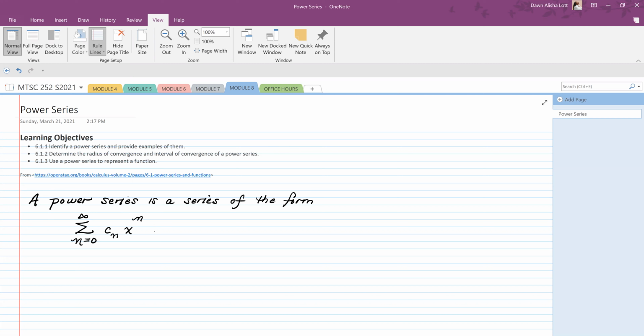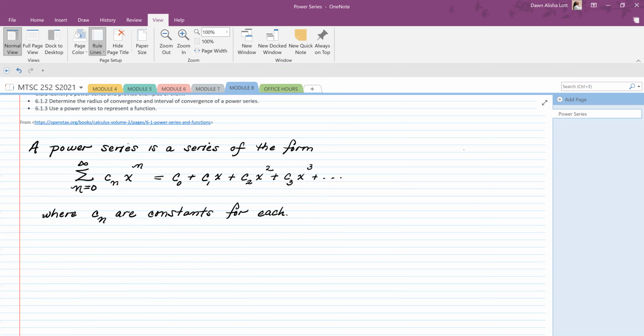Okay, so it looks like C0 plus C1x plus C2x squared plus C3x cubed. And here, Cn are specific constants for each n. Okay, so this form of power series is about x equals 0.